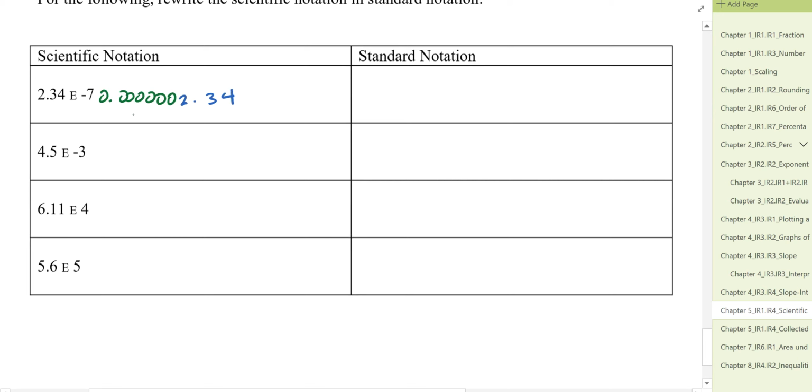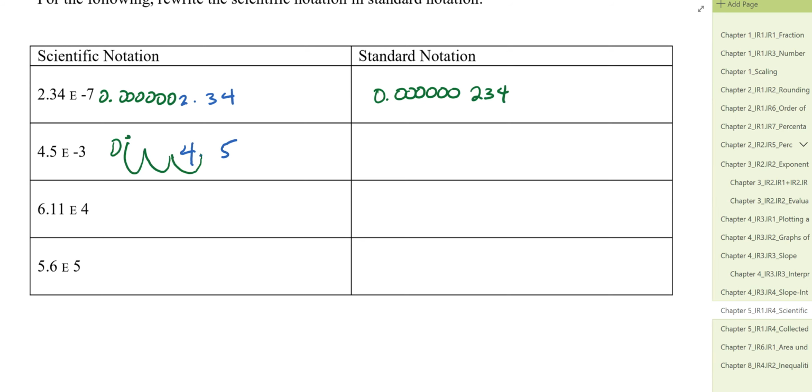So again, move left 7 times. So my answer is 0.000000234. Now when it's negative 3, again 4.5, move to the left 3 times. You can just count it 1, 2, 3 if needed, and I filled it in with zeros. So my answer is 0.0045.